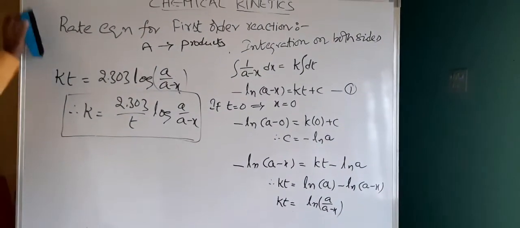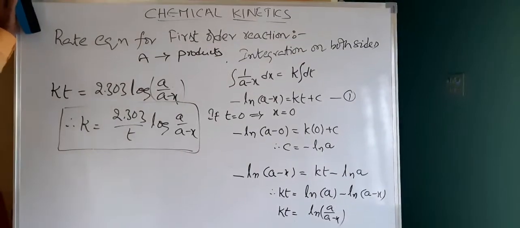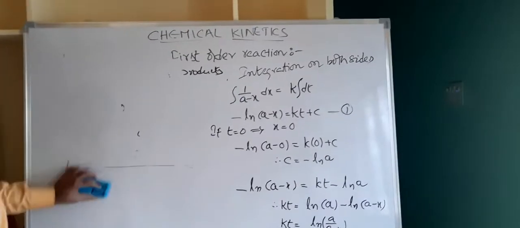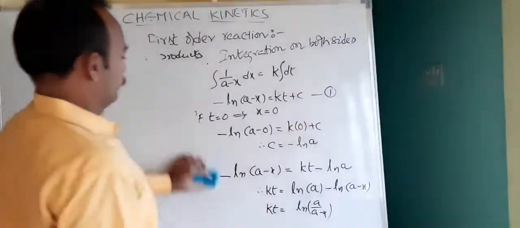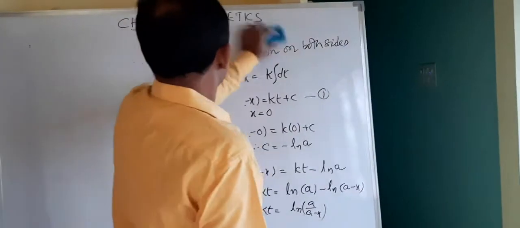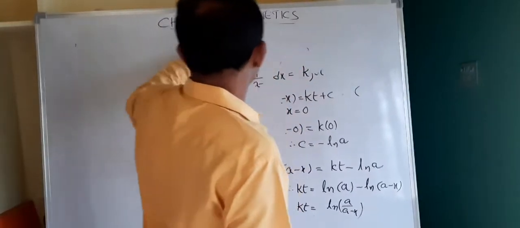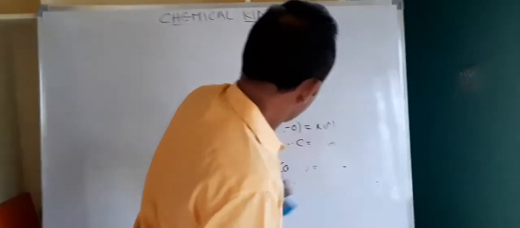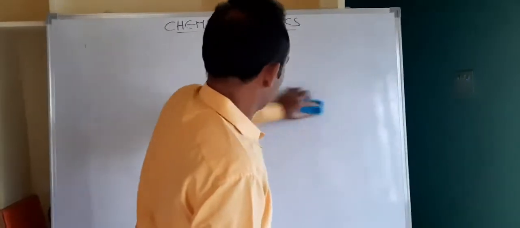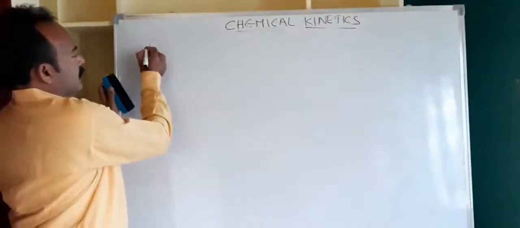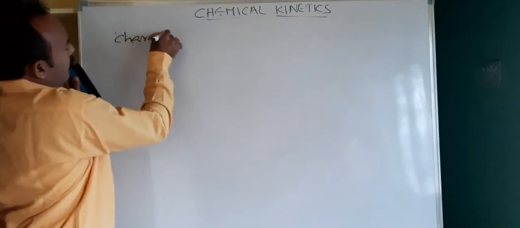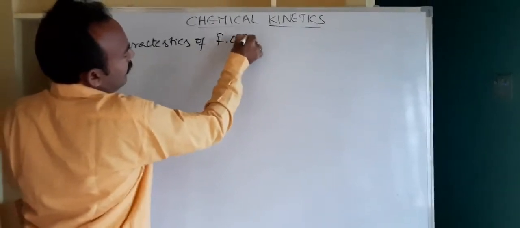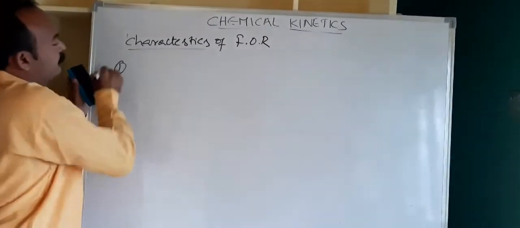Next we take characteristics of first order reactions. First one is units.